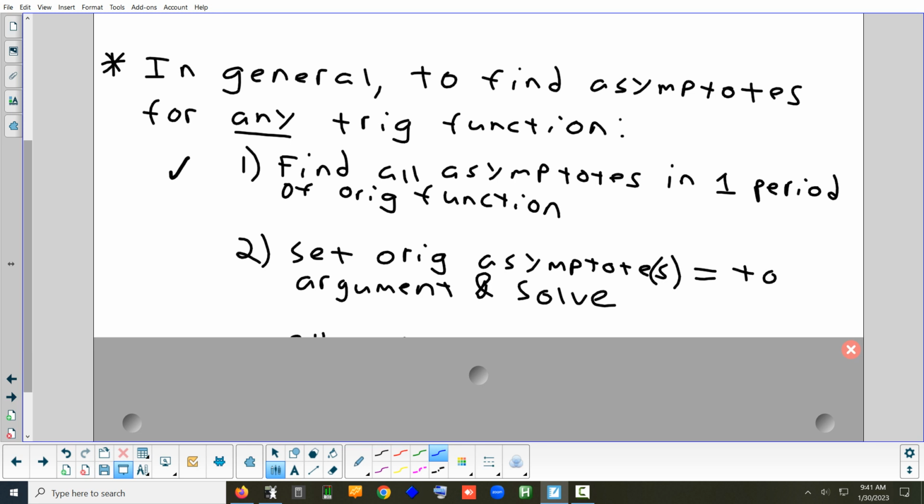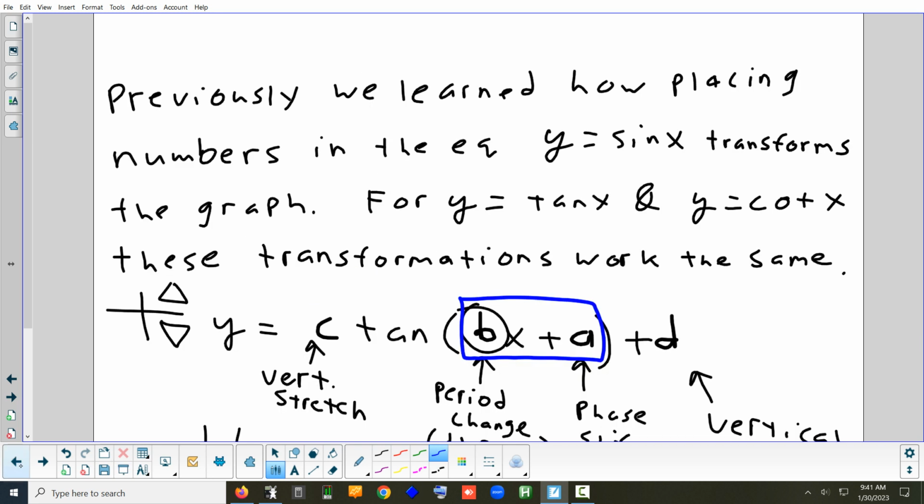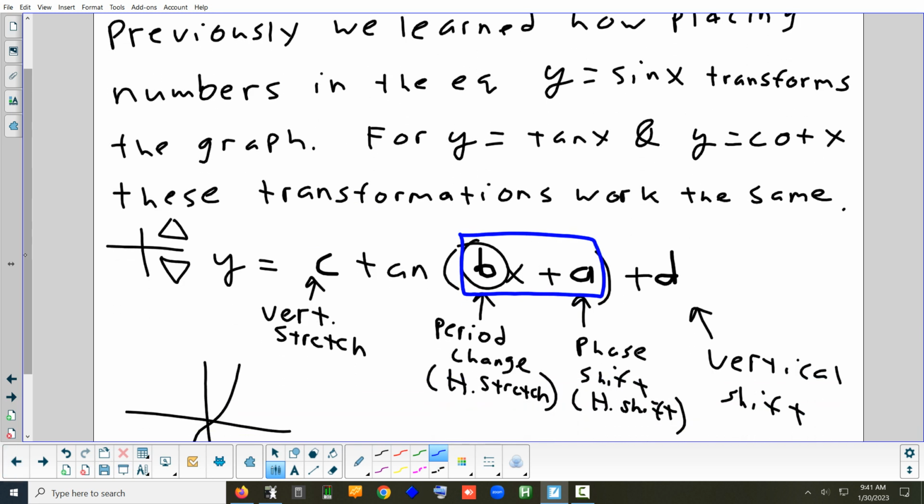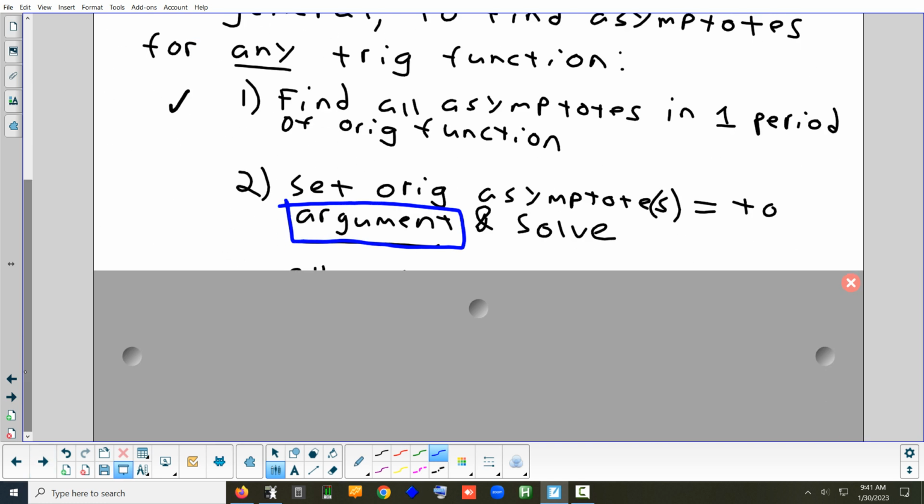So step 2 is to take the original asymptotes that you already have on the left-hand side of that table and set them equal to, you can put a blue box around it, set them equal to the argument and solve. Argument is what's in that blue box, bx plus a.